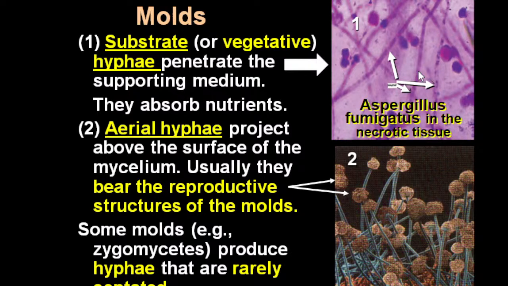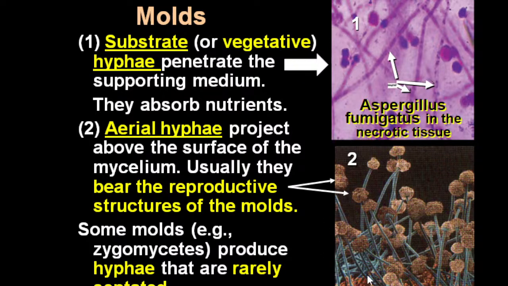That is very important. And then the second portion of the hyphae arises or projects above the surface of the substrate of the mycelium. That's because they have a different function. We call this part aerial hyphae. The aerial hyphae usually is not for fixing in the substrate or absorption of nutrients.